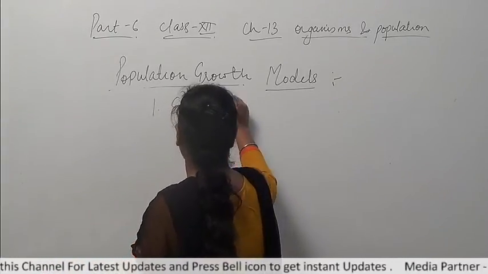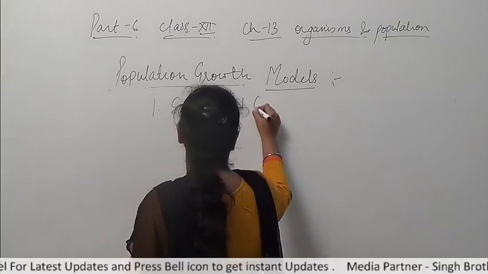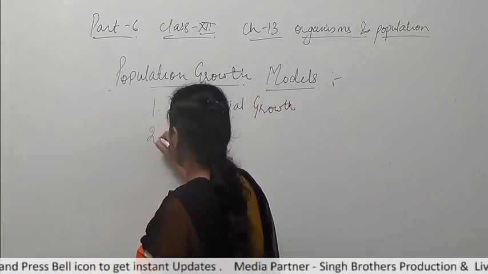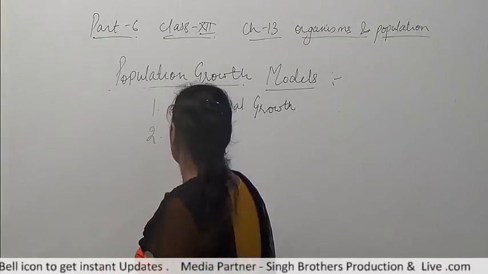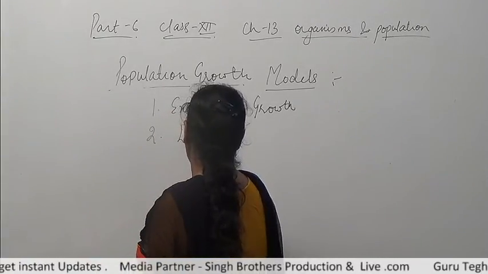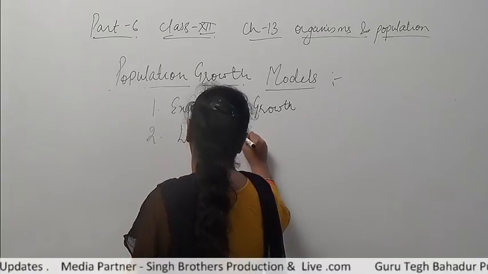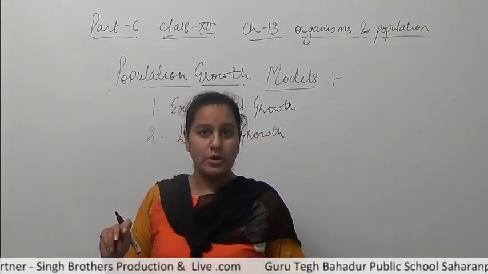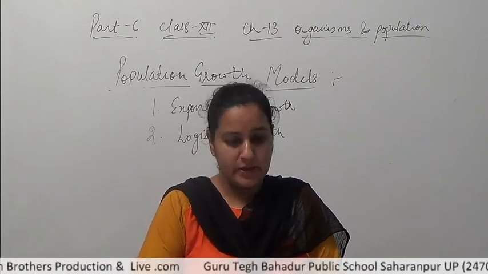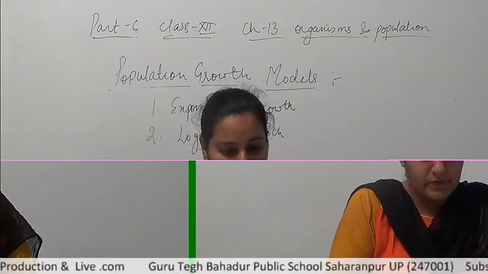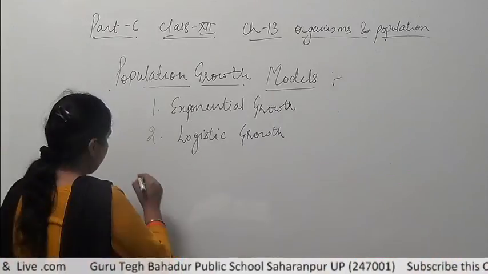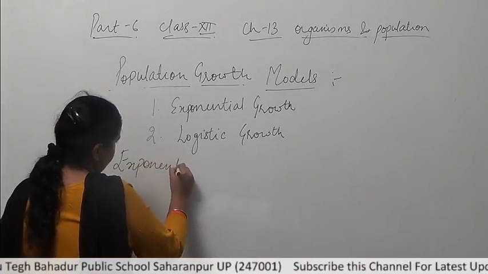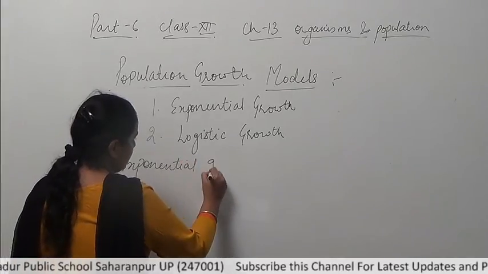This topic is very important as these growth models are often seen in your exam papers. So these are exponential growth and logistic growth. Two types of growth models are there. One is exponential growth and another one is logistic growth. So let's discuss the very first one, that is the exponential growth.